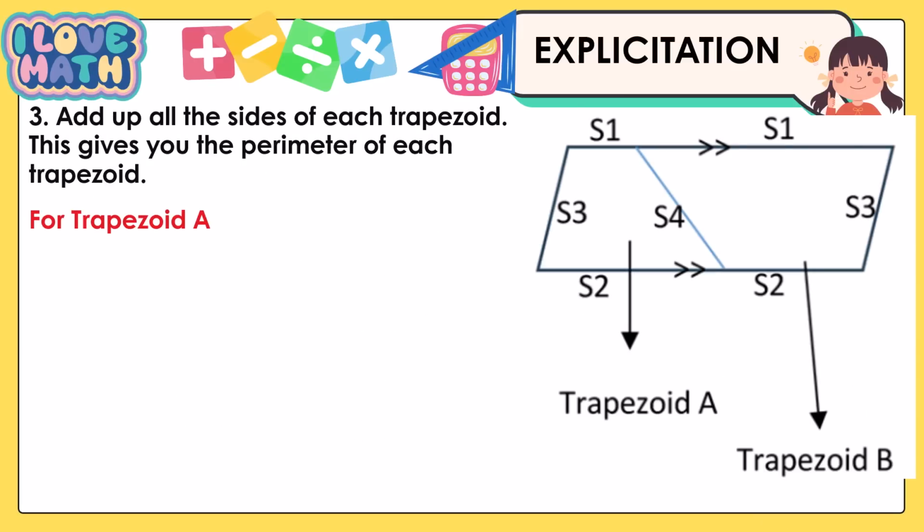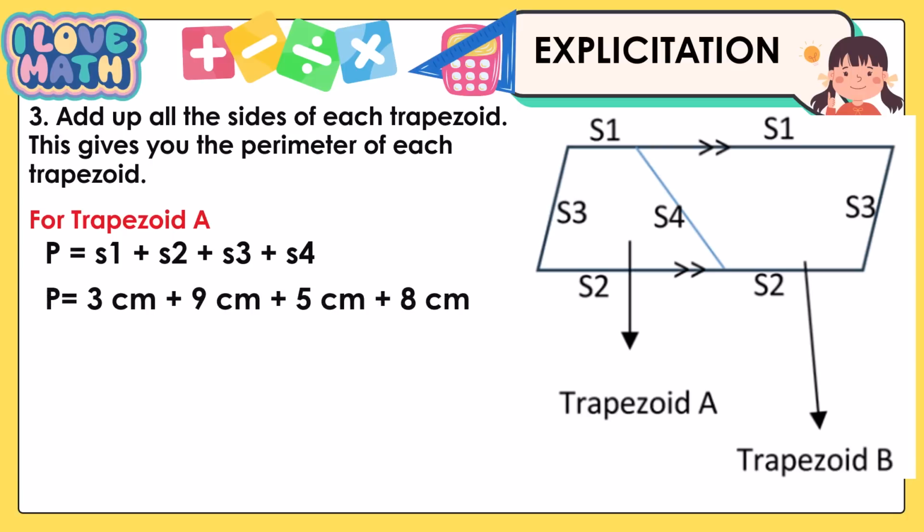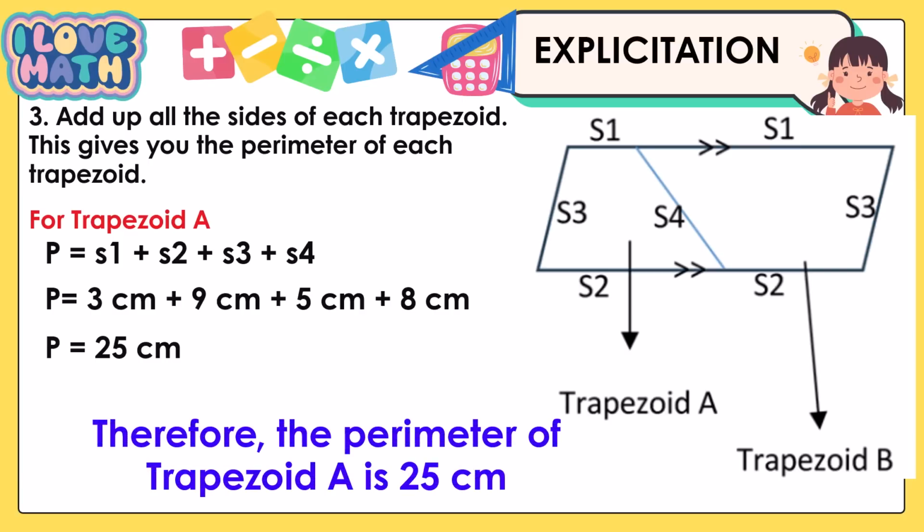Number 3, add up all the sides of each trapezoid. This gives you the perimeter of each trapezoid. For trapezoid A, P equals S1 plus S2 plus S3 plus S4. P equals 3 cm plus 9 cm plus 5 cm plus 8 cm. P equals 25 cm. Therefore, the perimeter of trapezoid A is 25 cm.